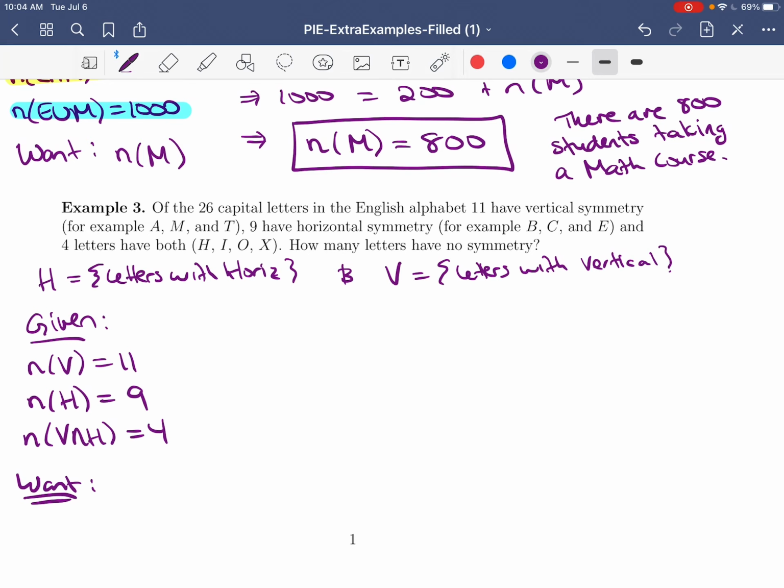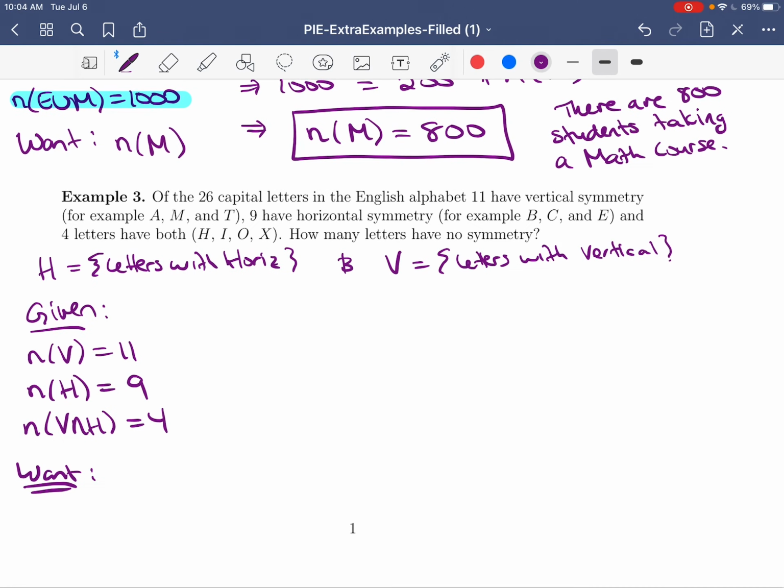Okay, so this is not the union. V union H is the set of letters with at least one of the symmetry types.